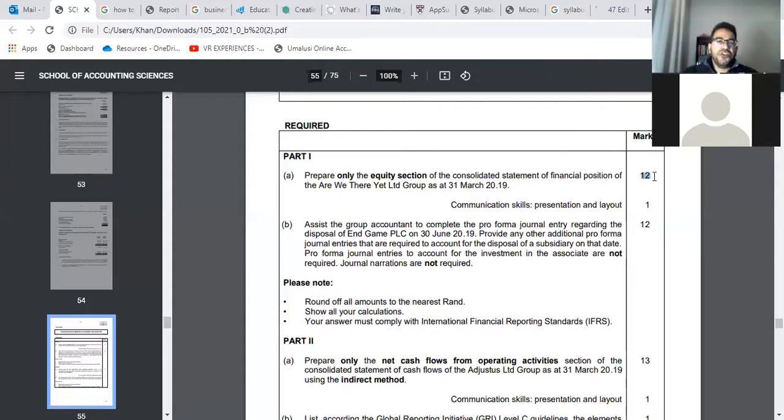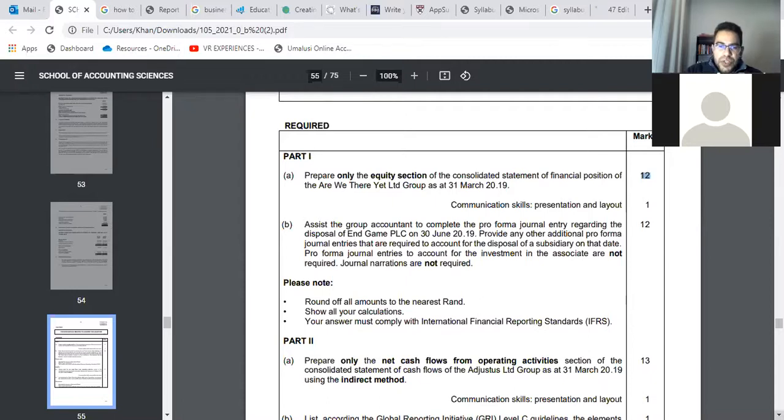What's important is that you must be able to do the equity section in terms of the statement of financial position, but you're also going to need to do equity in terms of the statement of changes in equity. That's going to be your homework when we come there. Round off all amounts, show all workings, okay, we're happy with that.